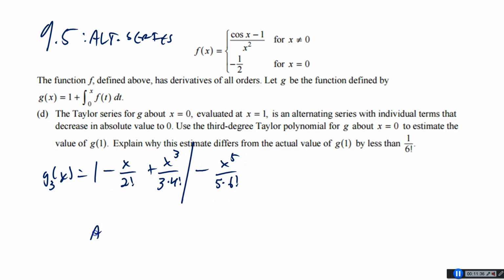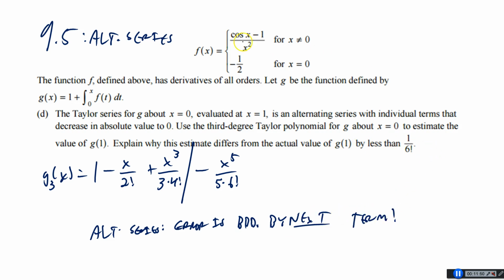What the alternating series says is that the error is bounded by the next term. It's so easy. If you haven't done 9.5 yet, you'll learn that soon. So the next term is x to the 5th over 5 times 6 factorial.